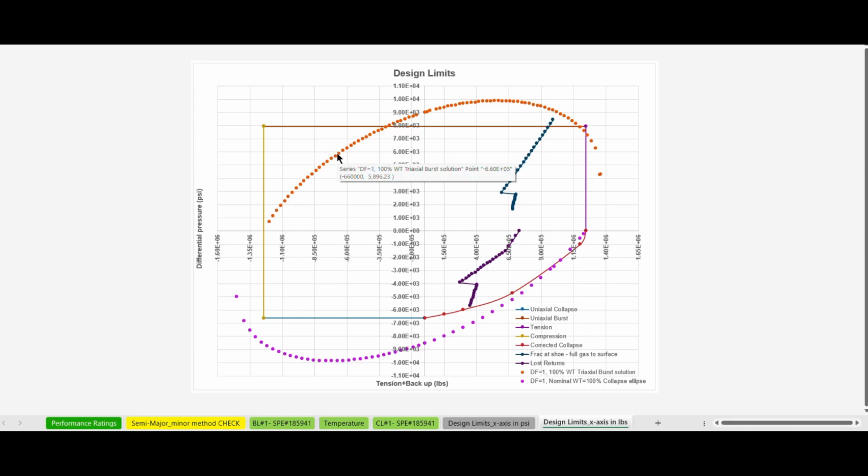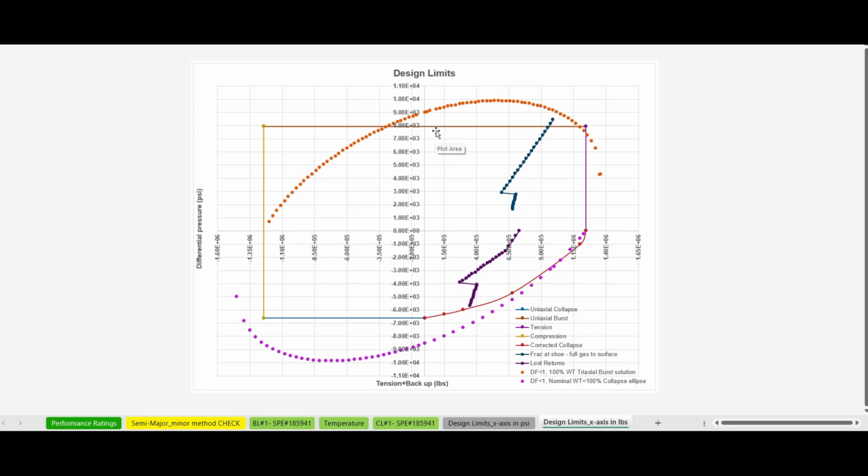If you take 87.5%, what's going to happen is your cross-sectional area goes smaller, your stresses go higher, and of course if you increase your design factor further, the ellipse will basically shrink because of the wall thickness. And if you increase your design factor to 1.25, which is a general value that I have seen, the ellipse is going to shrink further.